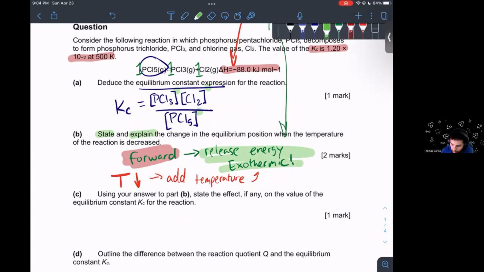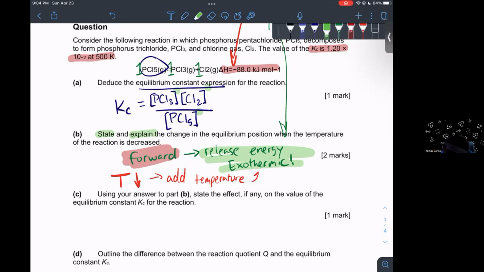All right, let's now go to the 3rd part. Using your answer to part B, state the effect, if any, on the value of the equilibrium constant Kc for this reaction. So this one, we can just do a little mental math.